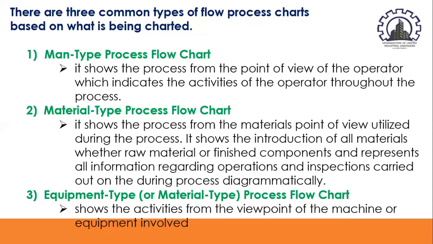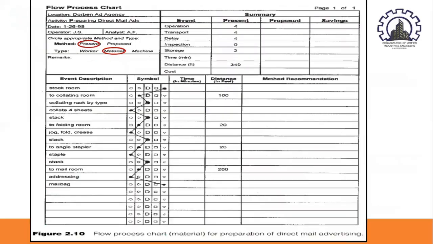And if we say equipment type, it shows the activities from the viewpoint of the machine or equipment involved. Meaning to say, the one under study here is the machineries and equipment. All right. So in order for us to better understand what a flow process chart is and how it looks like, this is an example.